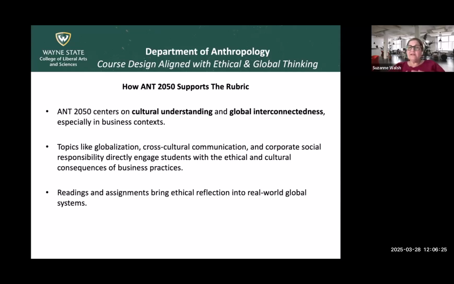And all of the readings and assignments are sort of centered around a bit of an ethical reflection, like, how does this really fit within your world? What do you think about it? I really ask students in a very gentle kind of way to share their position on what it means to be sort of a global citizen.